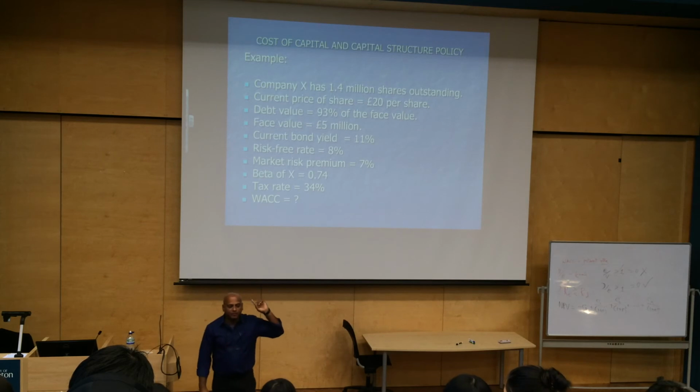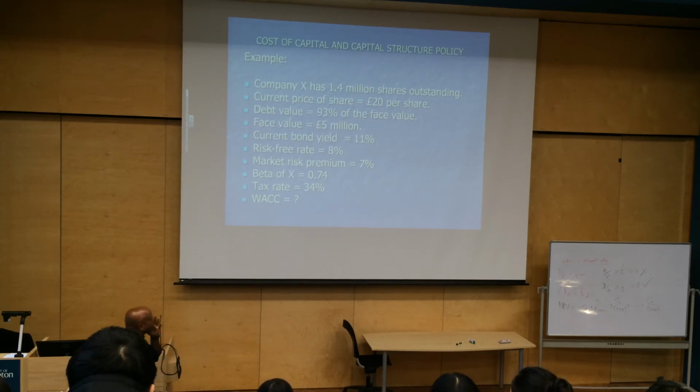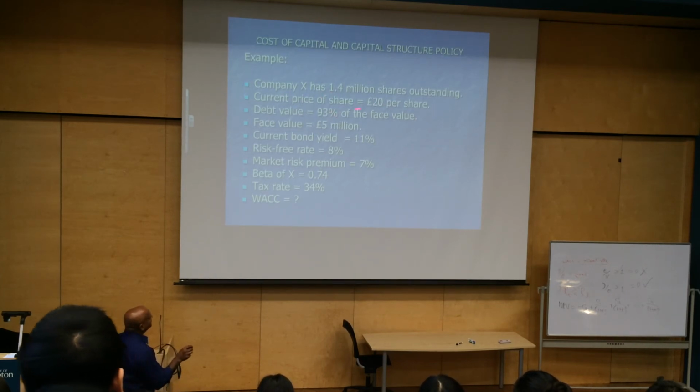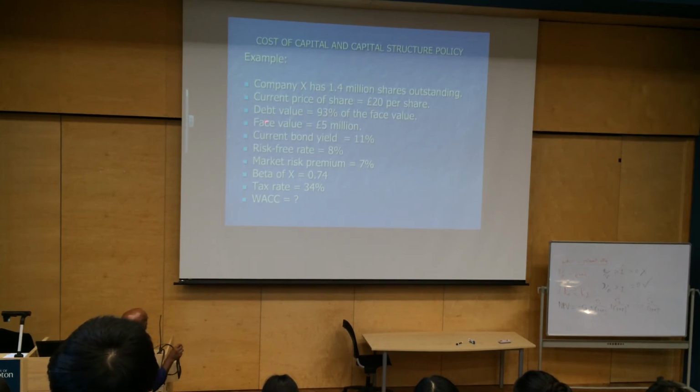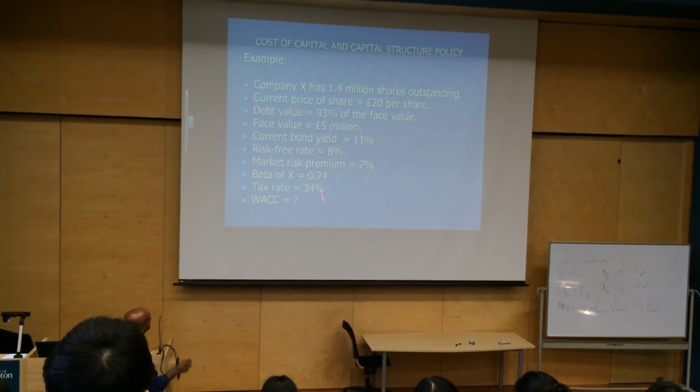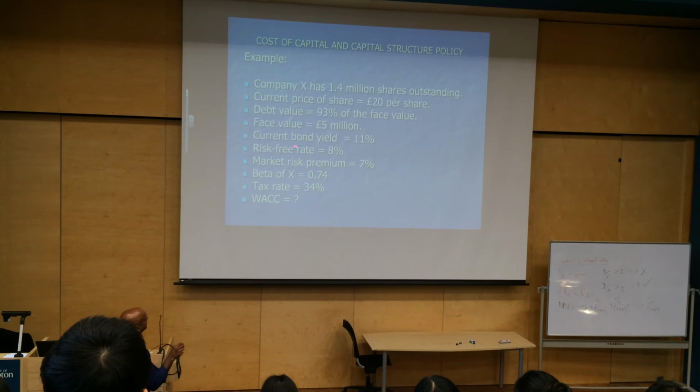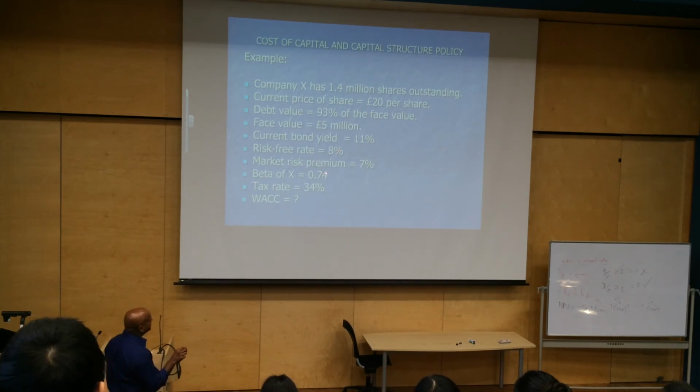This is from a past exam. Company X has 41.4 million shares outstanding. The current market share price is given. The bond value is 93% of the face value. Face value is 25 million pounds. And the bond yield is given. The risk-free rate is 2%. The market return is 7%. The beta of X is 0.74.